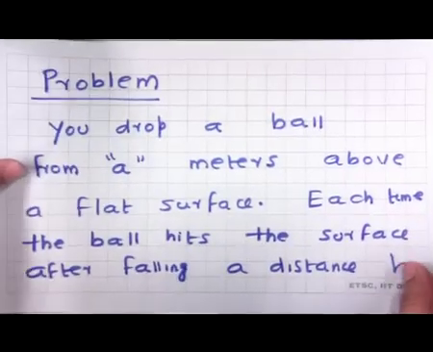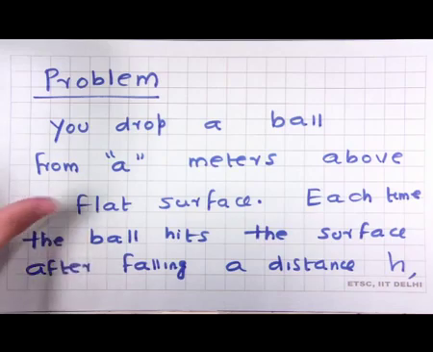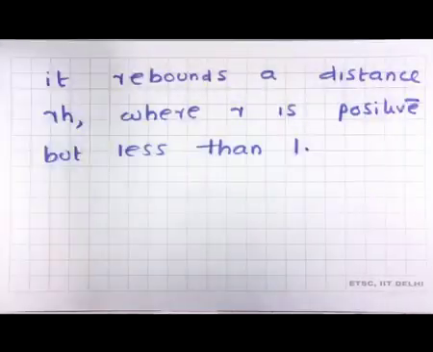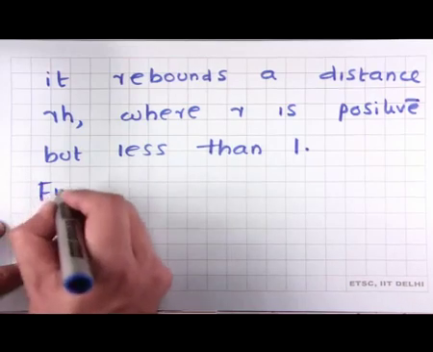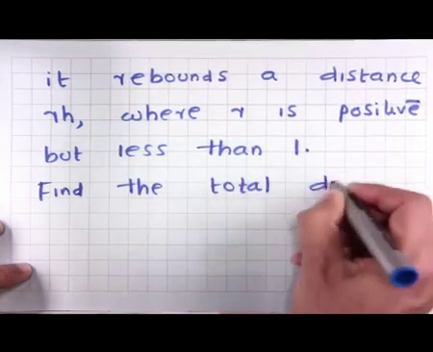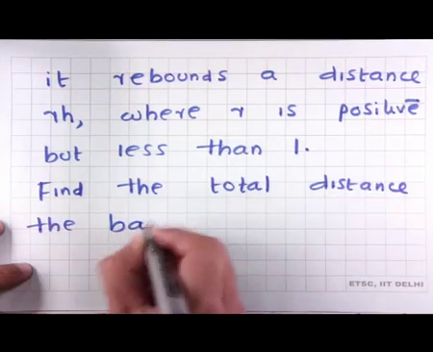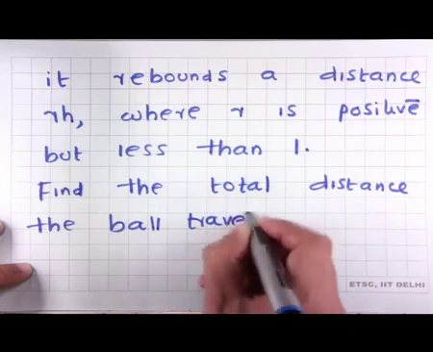Let me repeat the given information. You drop a ball from a meters above a flat surface. Each time the ball hits the surface after falling a distance h, it rebounds a distance RH. Find the total distance the ball travels, up and down.